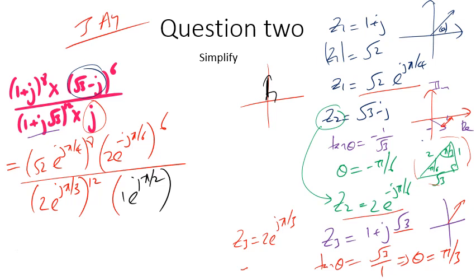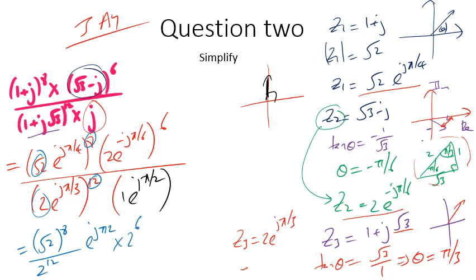And so this becomes root 2 to the power 8. The other one is 2 to the power 12. E to the j pi by 4 there would become e to the j pi times 2, since 8 over 4 is 2. This is times 2 to the power 6.